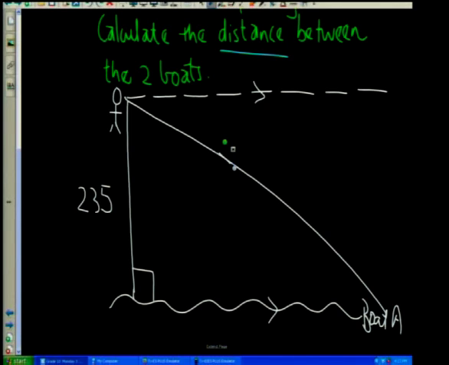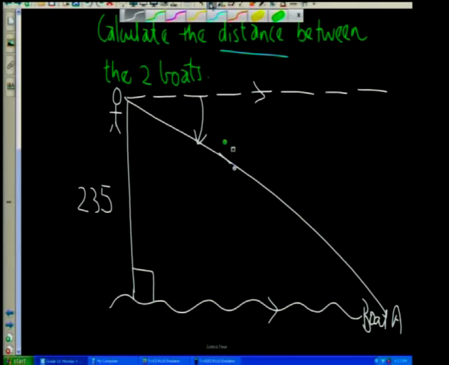So at the moment I'm just getting a sense. I'm not drawing anything mathematically and nothing fancy here. I'm just getting some direction as to what's happening. There's my horizontal, and my horizontal would be parallel to the sea. And when he sees that first boat, the line of sight has been measured from looking down from the horizontal.